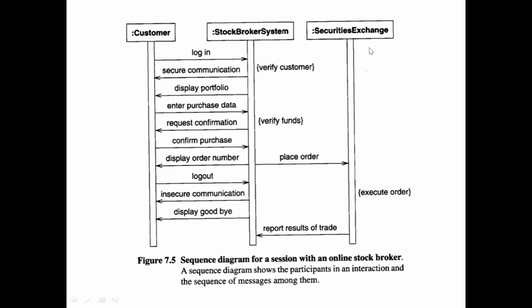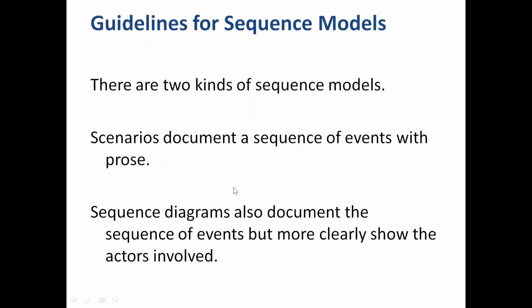So this scenario becomes much clearer than reading paragraphs of pages wherein you're trying to figure out who is interacting with whom. The sequence diagram becomes an advantage. This is what you can show with respect to sequence diagrams. In the sequence model there are two things: scenarios and sequence diagrams. It tells you the order of events, how they are going to take place, and the interaction between objects.